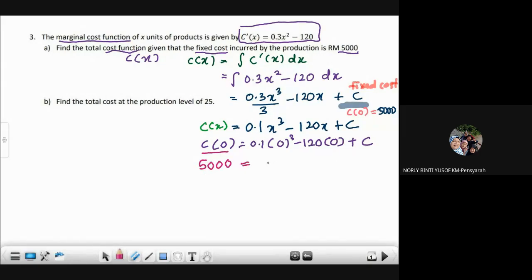So here will be C. Nak faham dululah kan, supaya you tahu, oh you put here as 5,000. Tapi nanti, lepas tu you boleh terus taruh 5,000. So that you understand the notes given. Okay, C(0), and that means your quantity is 0, equals to 5,000. So nanti yang ni dapat 5,000 lah.